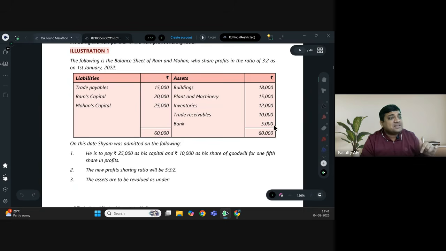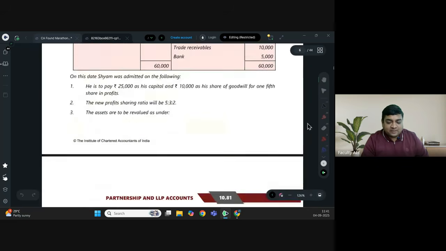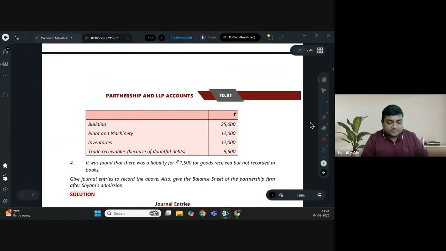And the new value is 9,500. That becomes a bad debt. It means 500, I have to create provision. So liability will increase, right?